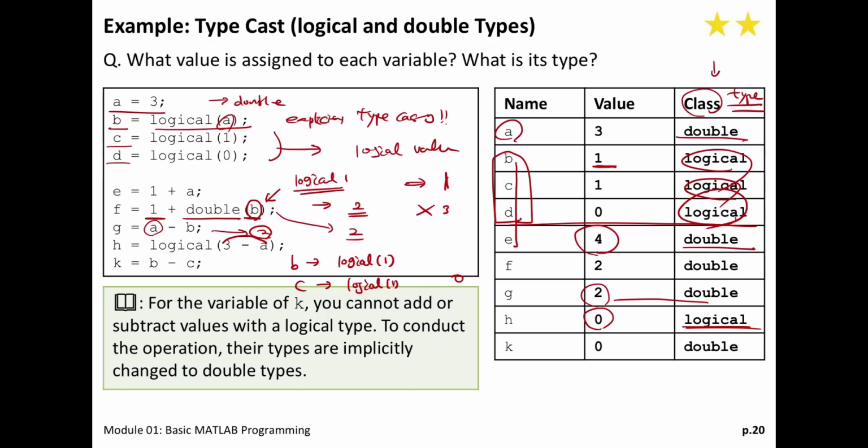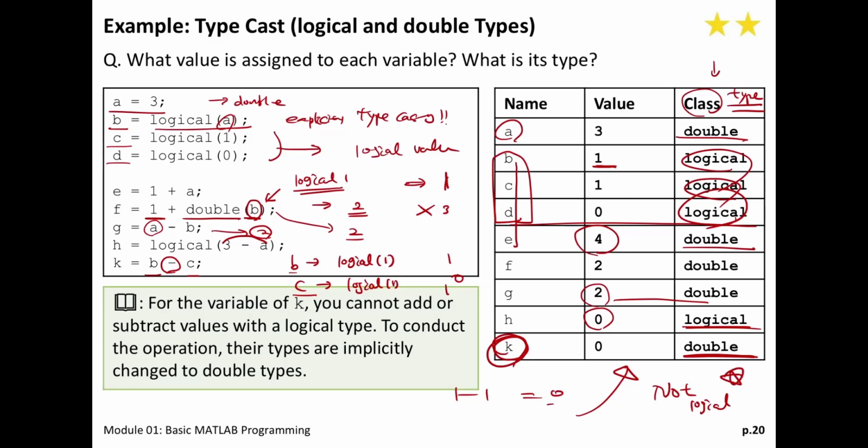This minus is a numeric operator, right? That's why B and C are implicitly typecast to double. So B becomes a 1, C becomes a 1. That's why 1 minus 1 becomes a 0. That's why K becomes a double type, not logical type, although we do the operation between logical type variables.